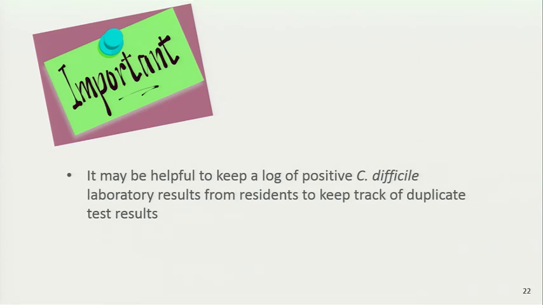This is important because while the NHSN application has business rules in place that prevent a user from entering a duplicate LabID event, these business rules only capture based on the previous LabID event that you entered into the application. The NHSN application does not know about the other positive laboratory tests that resident may have. So the business rules are only as good as the data that's going into the system. So your own personal line listing will be helpful for you.